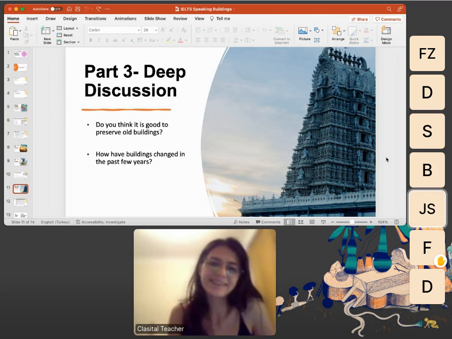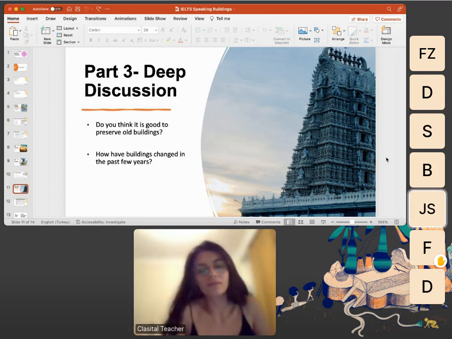Yes, of course, we must preserve our old buildings as these are monuments for us and very important from the cultural heritage point of view and the historical point of view. It is our duty to maintain them and transfer them to our next generation so that we inculcate the quality of preserving those monuments which tell us about the various eras of history.